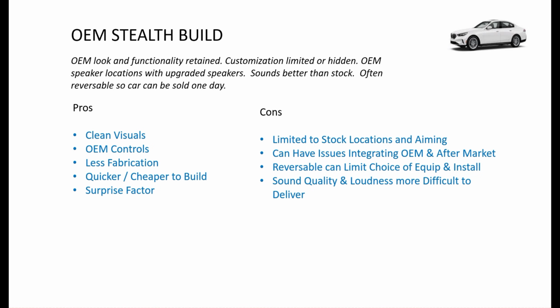The reason I call it a stealth build is your aftermarket stuff is usually hidden away from view, and quite often people won't know there's an aftermarket car audio system in there. So as I said, this is all about retaining the OEM look and functionality.